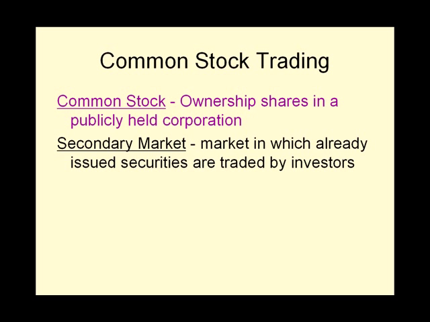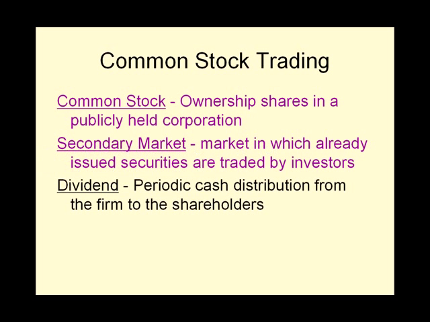Then the owners of Dandy Crowing Company stock would be able to trade that stock or sell that stock to somebody else in the secondary market. Third term is a dividend, which is a periodic cash distribution from the firm to the shareholders. A dividend payment in cash flow terms is analogous to an interest payment to a bondholder.